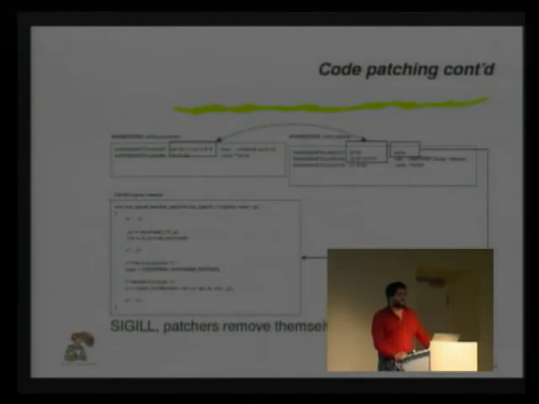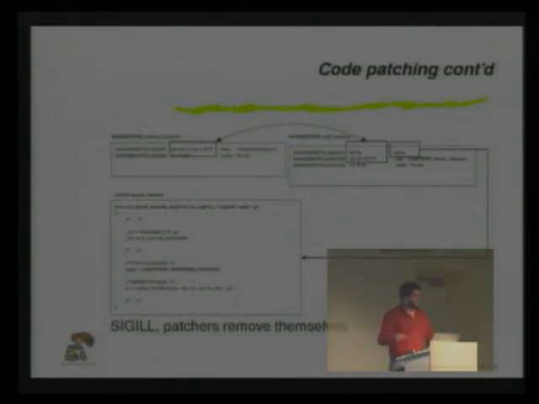And when executing these instructions on a POSIX operating system, an illegal instruction signal will be sent to the process. Cacao catches this and says, oh, probably a patcher is about to be executed, and looks up in a table if on this position there's a patcher. And when there is one, the class gets loaded, linked in the memory, compiler stubs get generated, things like that.